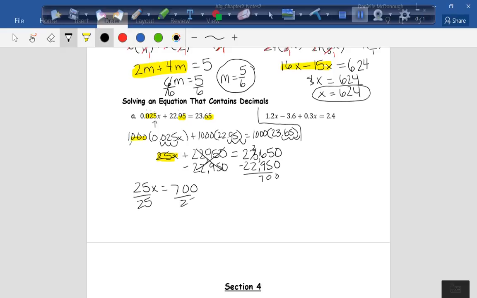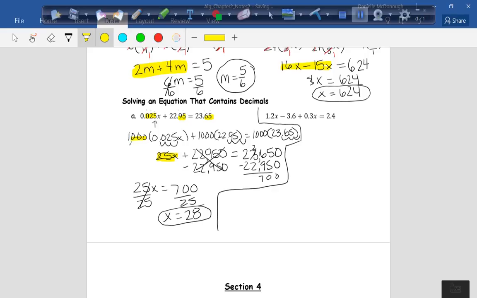Divide by 25, x is equal to 28. Okay, so again, a lot of people don't mind working with decimals because of the calculator, but if you wanted to clear them, that is how they are cleared.